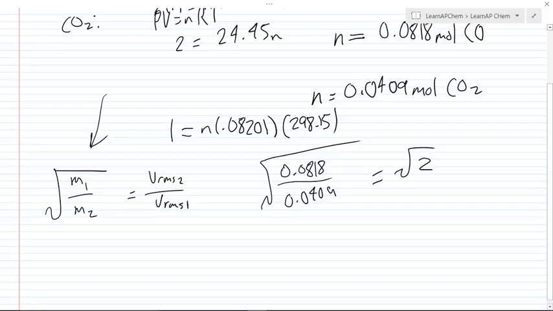So what this is saying is that V RMS 2 over V RMS 1 equals the square root of 2. Now, we don't actually know, can we use number of moles for the masses?